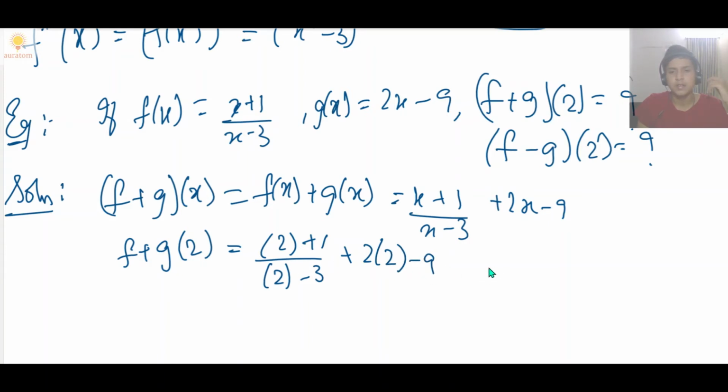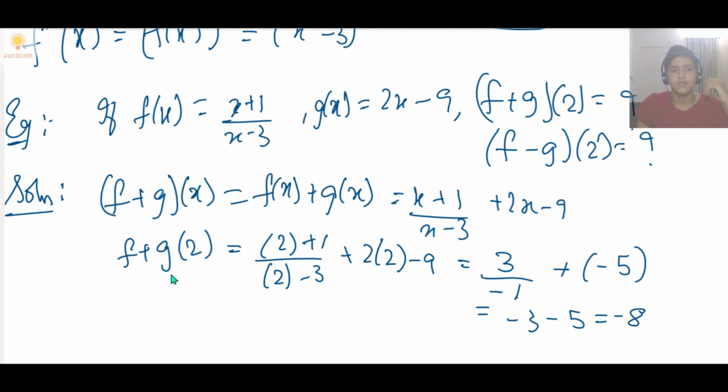So here we get 3 by minus 1 plus 4 minus 9, which is minus 5. So here we get minus 3 minus 5, which is minus 8. So this is f plus g of 2. It's just minus 8, right?